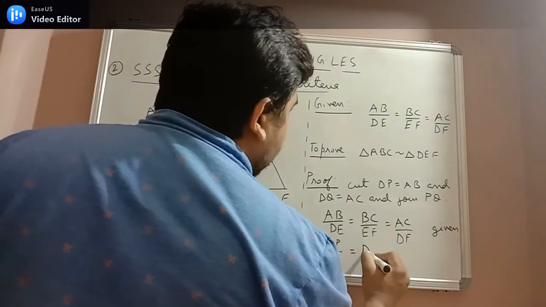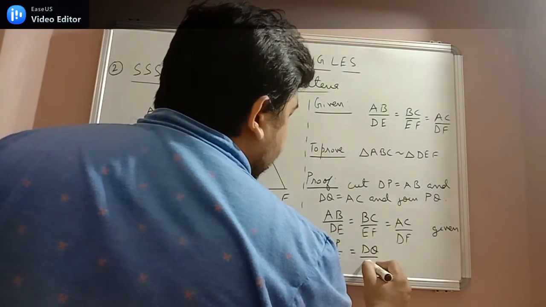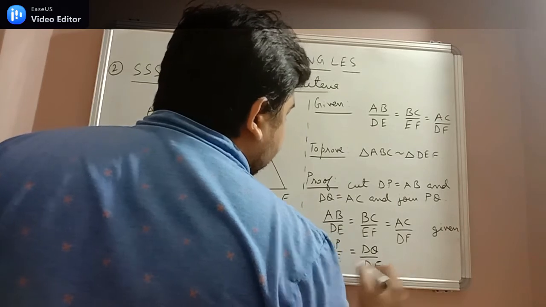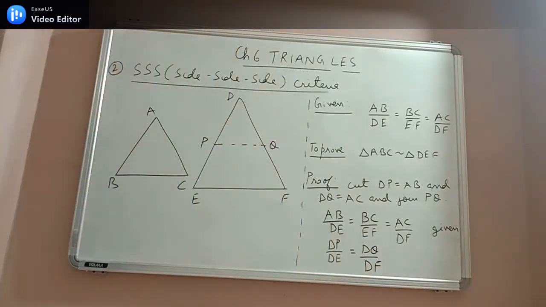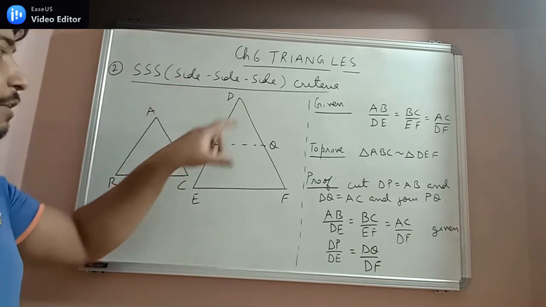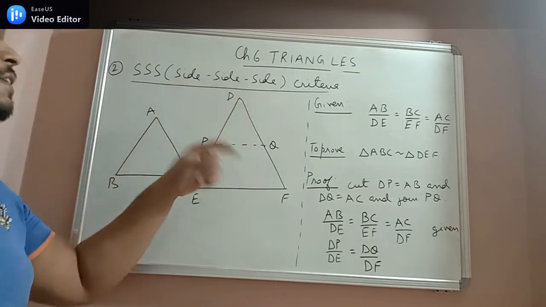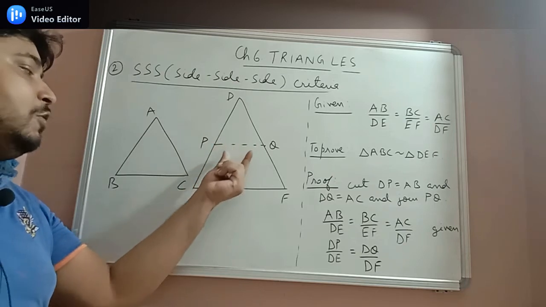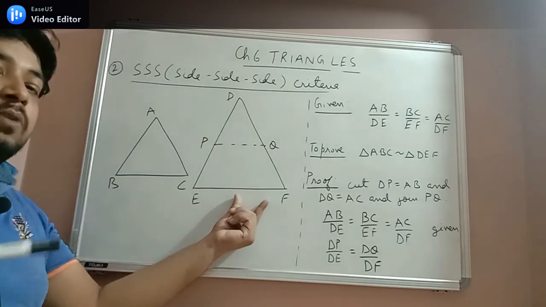So DQ upon DF. Now once I get DP upon DE equal to DQ upon DF, I can simply say that PQ is parallel to EF by converse of BPT.